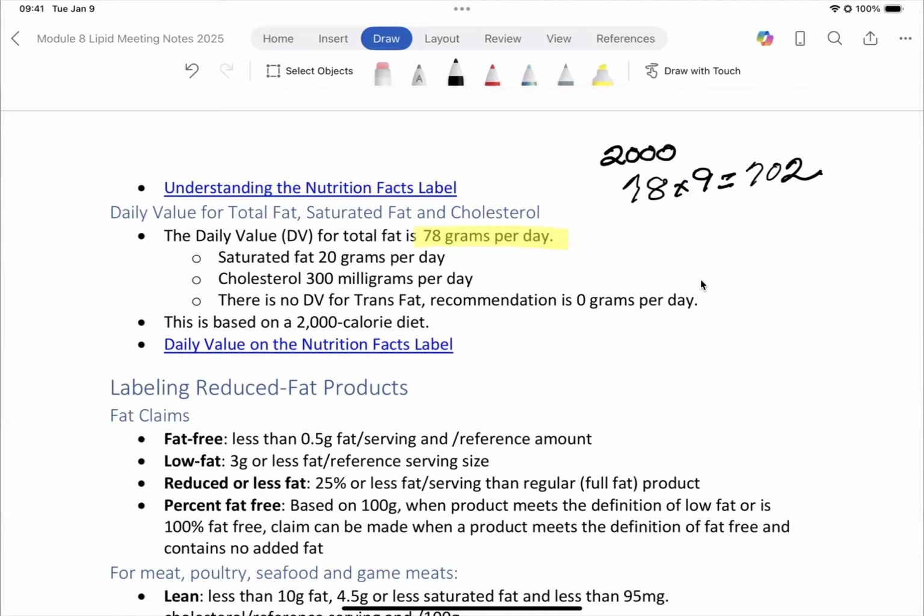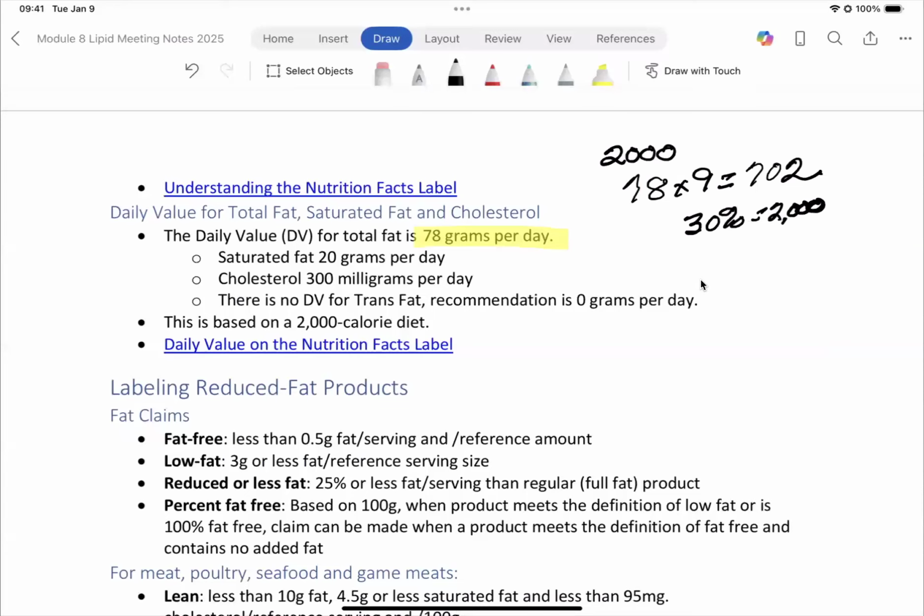And 702 calories is about 30% of 2,000. So this recommends 30% of a 2,000 calorie diet.